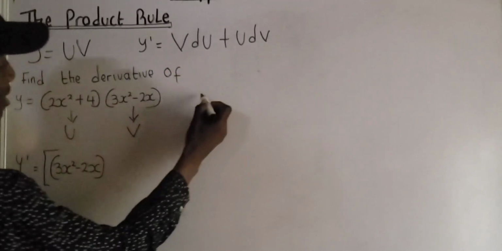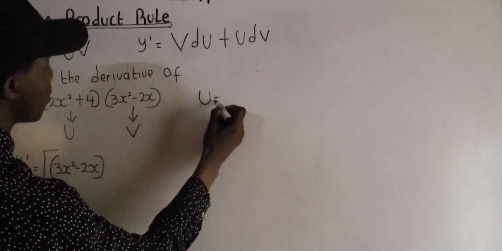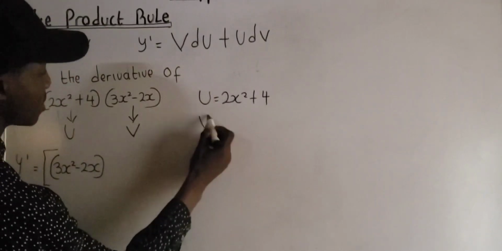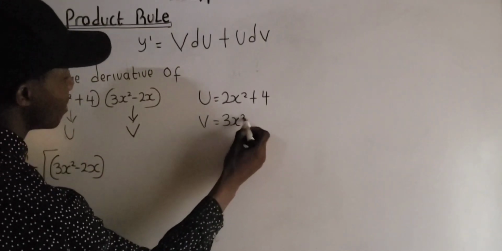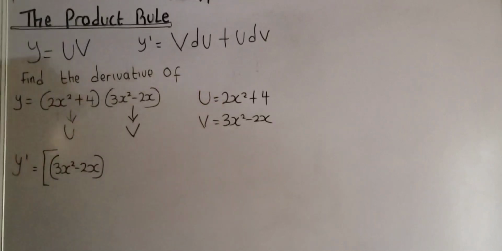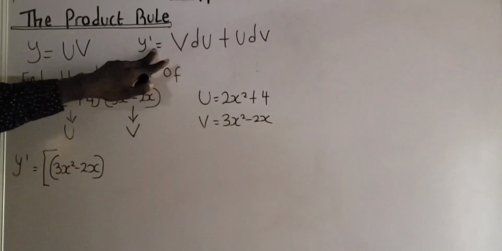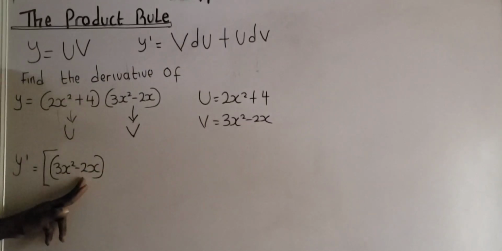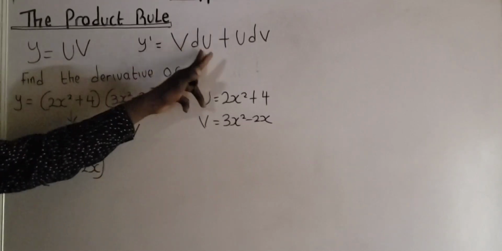You see now, u is equals to what? 2x squared plus 4, and v is what? 3x squared minus 2x. You understand? So now from the product rule formula, product rule formula states that v, which is what? 3x squared minus 2x, that's why I put it in bracket, multiplied by the derivative of u.